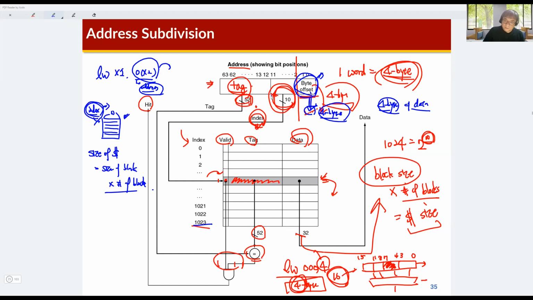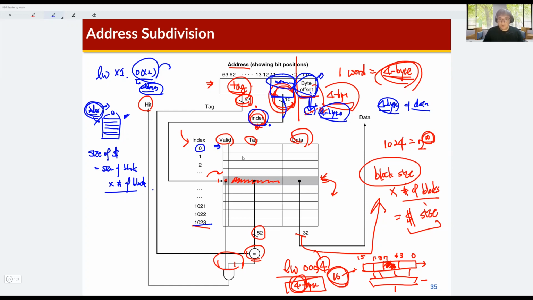And then the next 10 bits are assigned to the index of the cache. This is the direct mapped cache, so this lower part of the address is assigned to the index of the cache. Let us assume that this address for data is 00000. In this case, we just check index number 0 of this direct mapped cache.